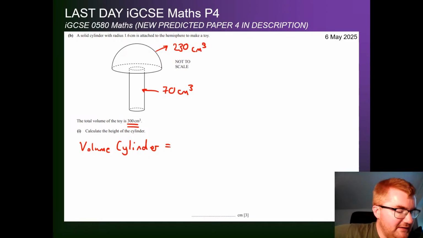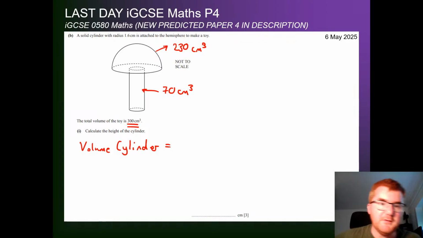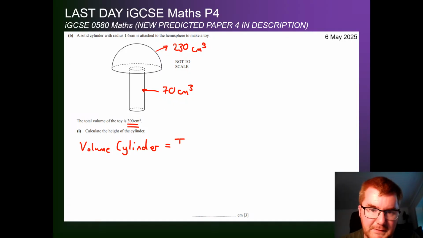Pi r squared h, good, thank you. Most of you are saying pi r squared h, which is good. This is what it should be.